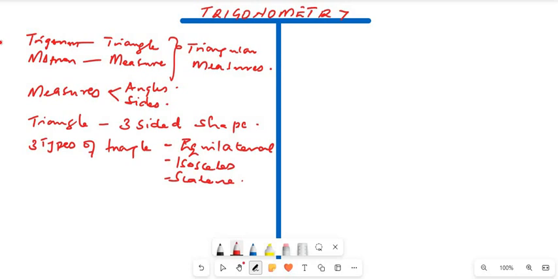However, we have some secondary triangle, which I call secondary because it can be scalene, it can also be isosceles. And this triangle is the one called a right angled triangle. This triangle here is very important.